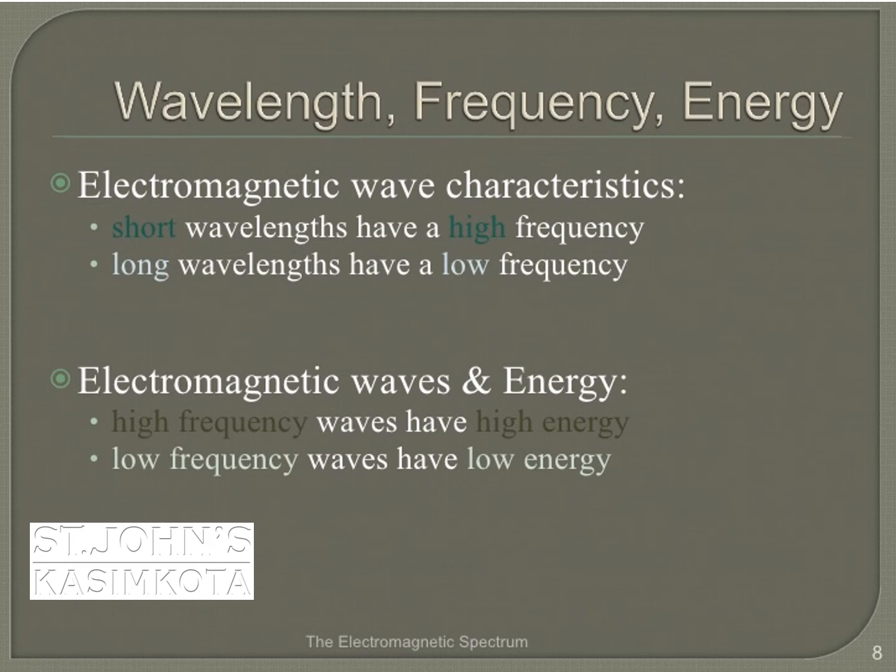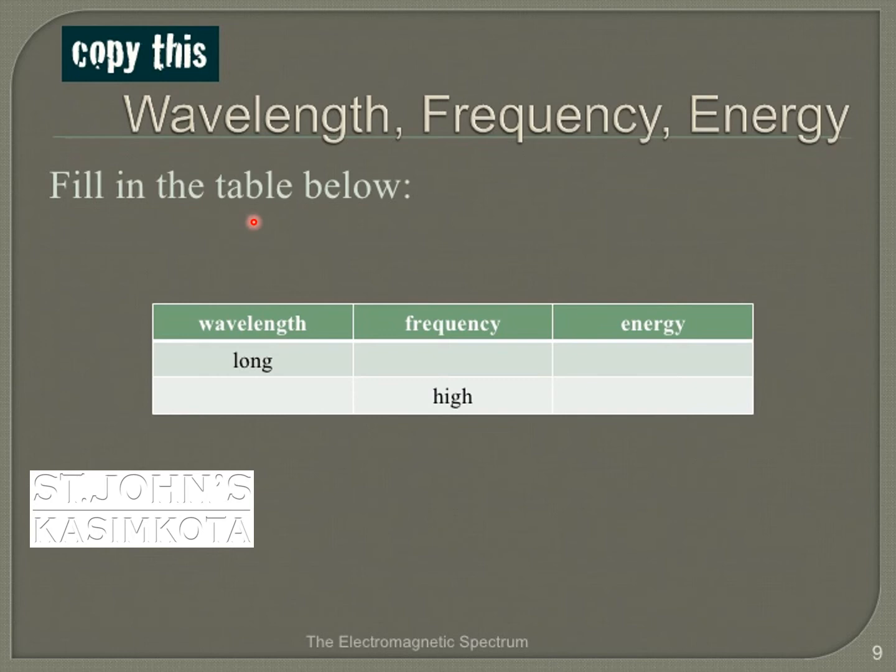Now let's try to fill up this table. Before doing this, recollect that the relationship between wavelength and frequency is inversely proportional, while frequency and energy are directly proportional. So if wavelength is long, then frequency is less, and energy is also less.